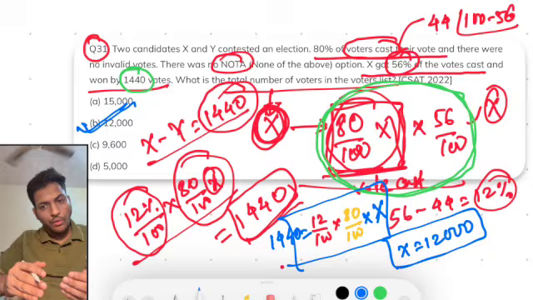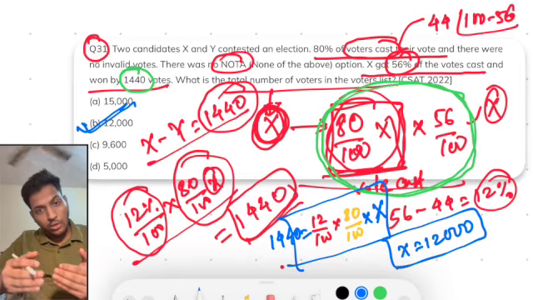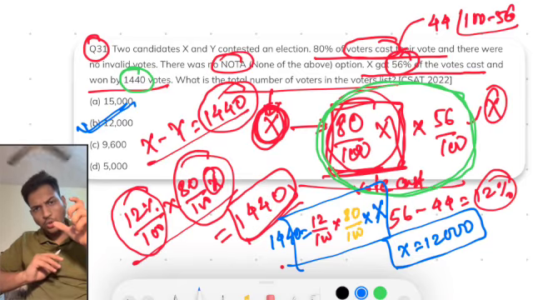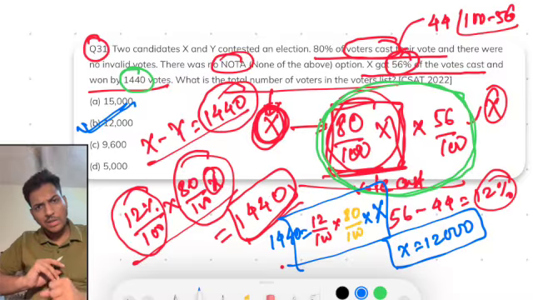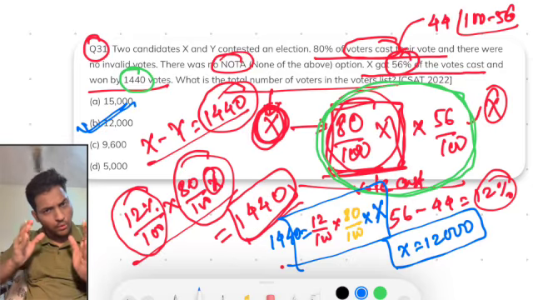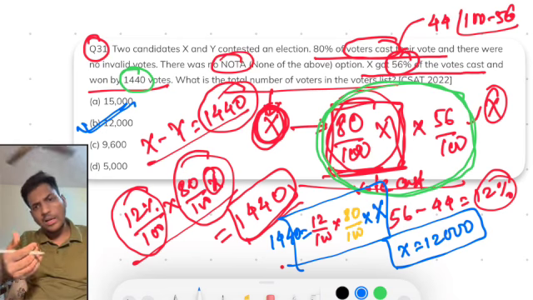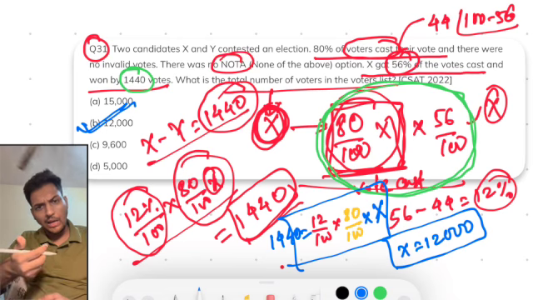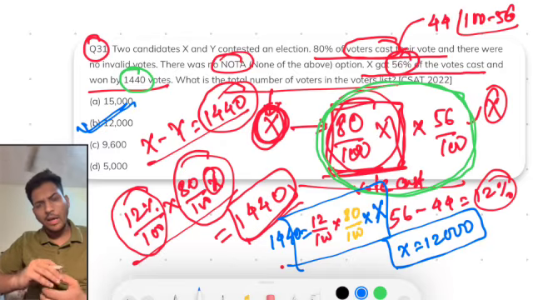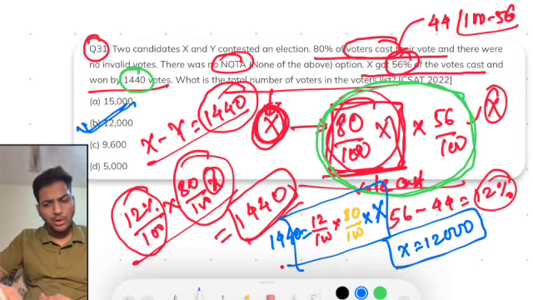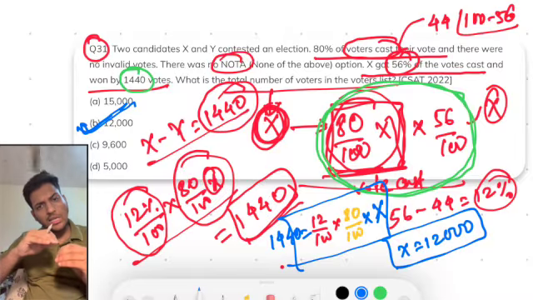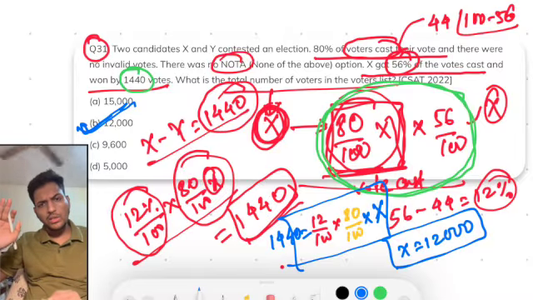And 80% of what? 80% of total voters cast their vote. So suppose total voters is X, 80% cast vote, that means 80 by 100 into X is total vote cast. Now of this number, if you calculate 12%, you will get the difference. I have equated that difference with 1440, and that's why I got the value of X, which is 12,000. Like that, each and every question in percentage you can solve.